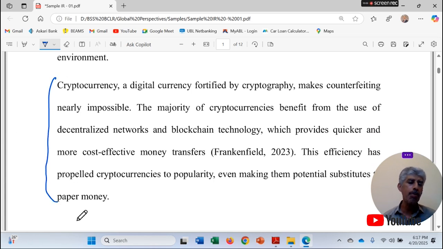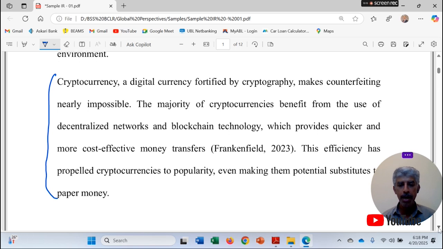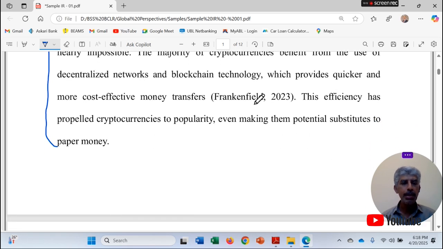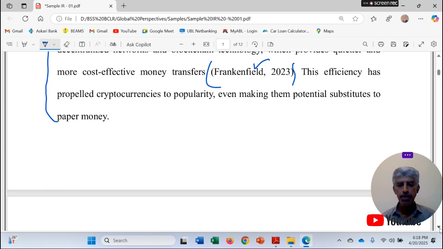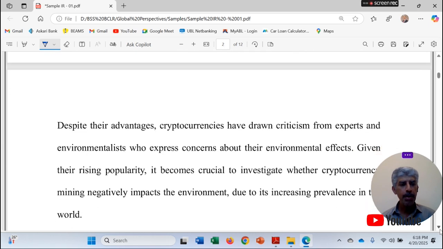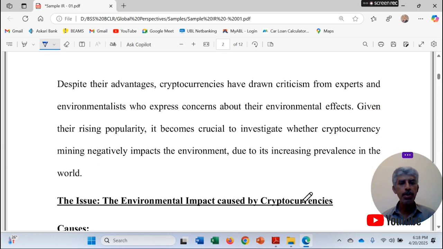So here the student has given the definition of cryptocurrency. As I told you, whichever complex words are given in your question, you are supposed to explain and elaborate them in your introduction. And here you can see that a reference is also given, that the student has taken the definition from one of the websites.